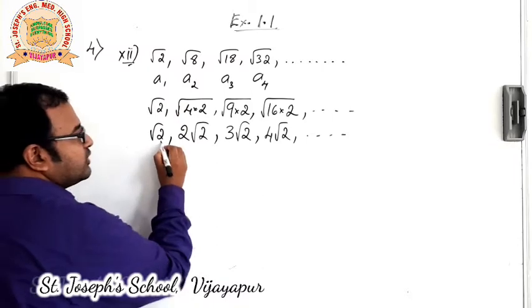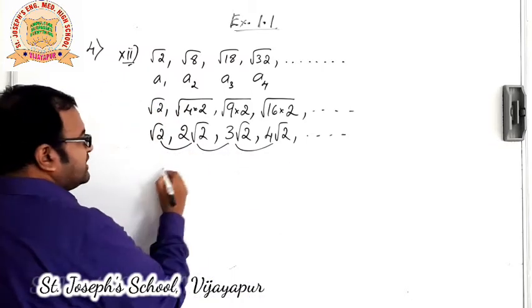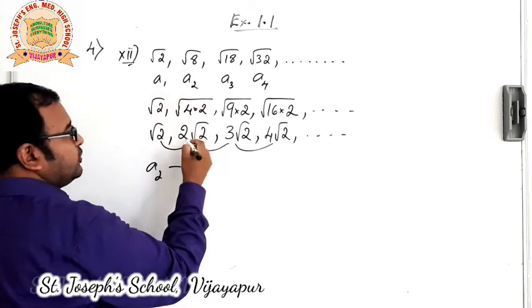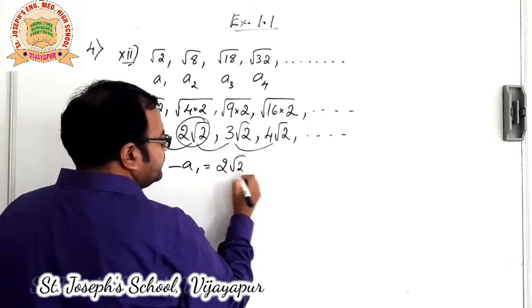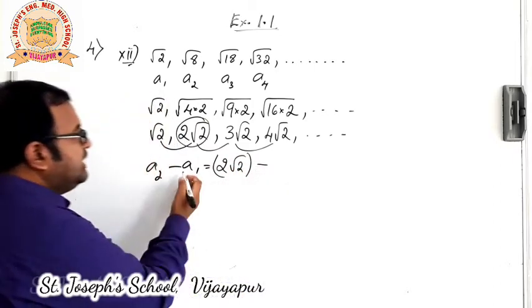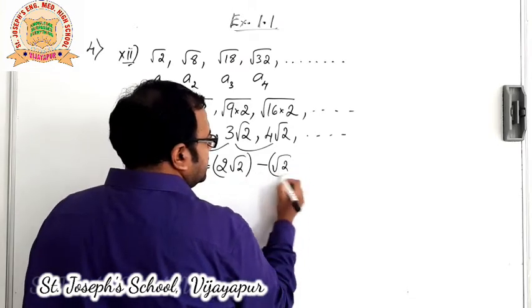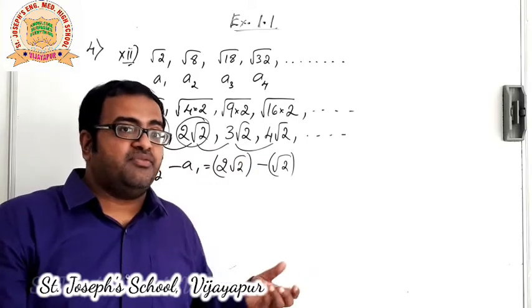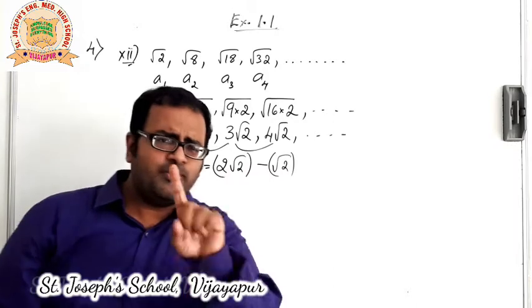Let us try to find out the difference between the consecutive terms. First, a2 minus a1. Our a2 has now become 2 root 2, so 2 root 2 minus a1. Our a1 is root 2. Remember what I told you? They have to be simplified similar to variables, like 2x minus 1x will be 1x.